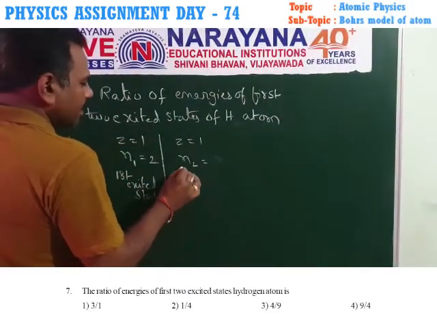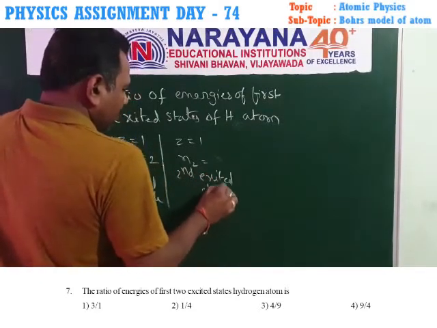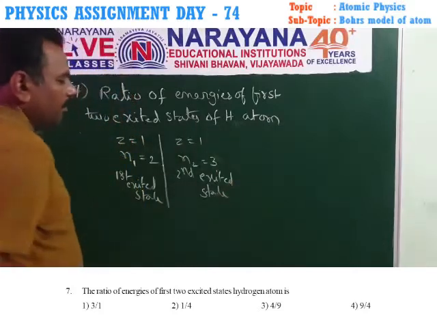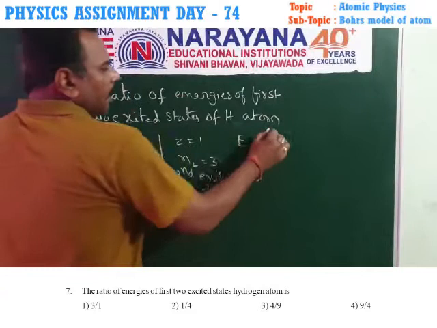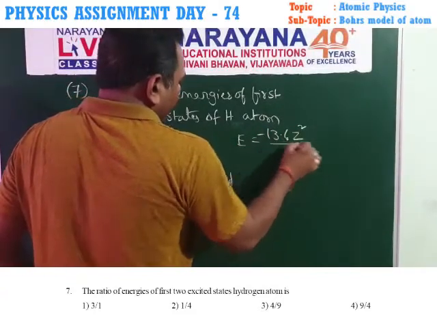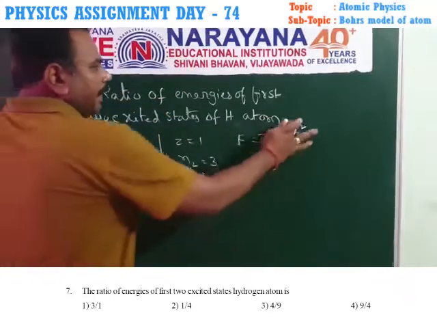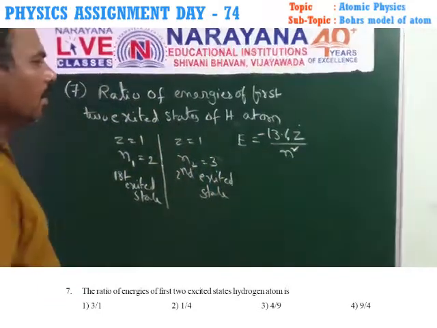And second excited state. So that third orbit. Then energy needed is equal to 13.6 into Z square by n square only. So here, how much value?